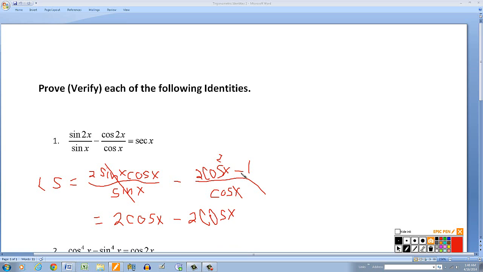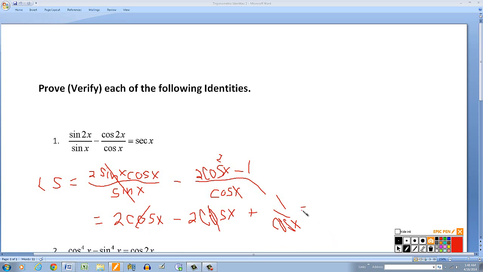Okay, now in this second part, I distribute the negative, so this negative will make this negative a plus. So that's going to be a plus 1 over cosine of x. And I apologize for the writing here, but I'm trying to do my best to write with the mouse. So you can see the 2 cosine of x and the minus 2 cosine of x, that's going to cancel.